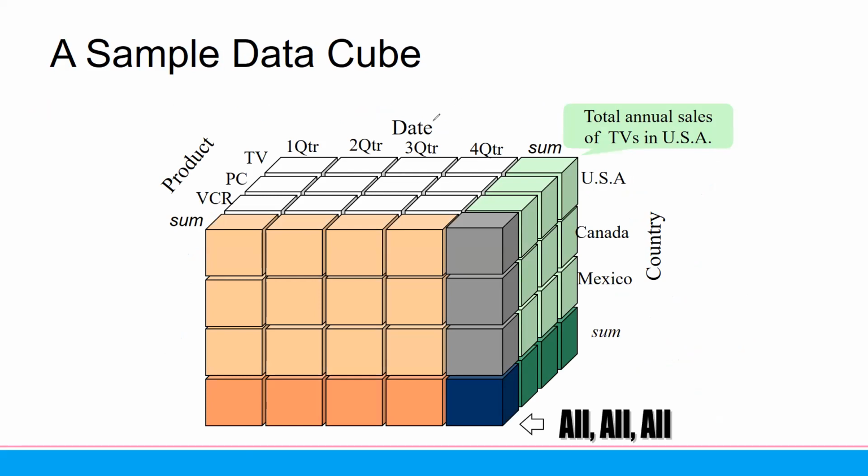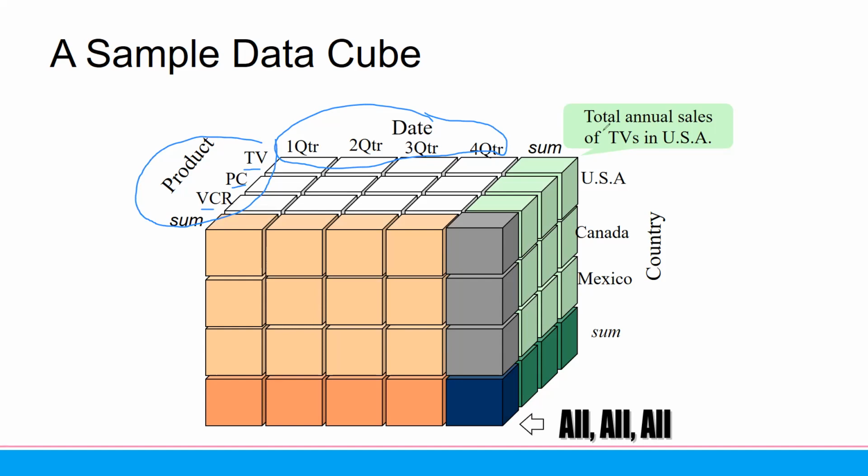We have the date, the first quarter, second, third, and fourth, and we have the product: TV, PC, and VCR. This is a very old item, not the newest, but I think still relevant. At the old ages we had the VCR, video recording, but now we don't have that kind of video. We use just Netflix, right?